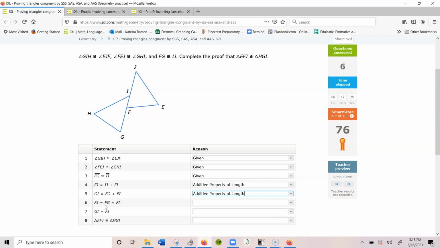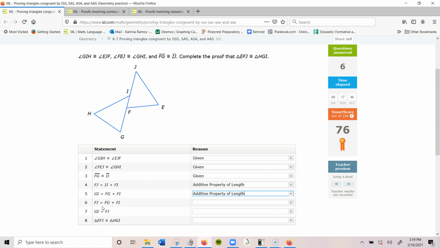Now where it changes here, even though we are adding lengths, by looking at our previous statement 4, this is where we were adding lengths for FJ, and then we have another statement about lengths for FJ. So it's not going to be the same reason.